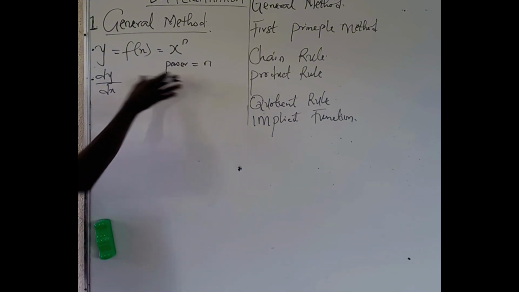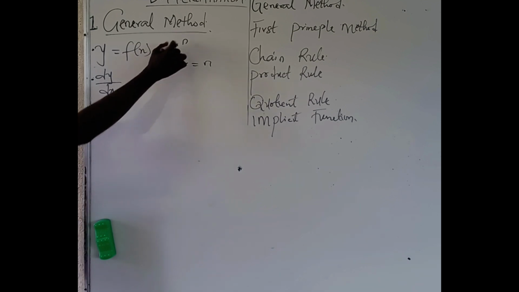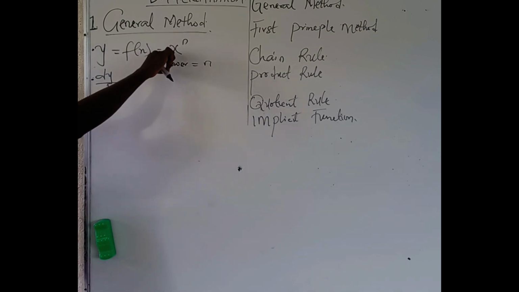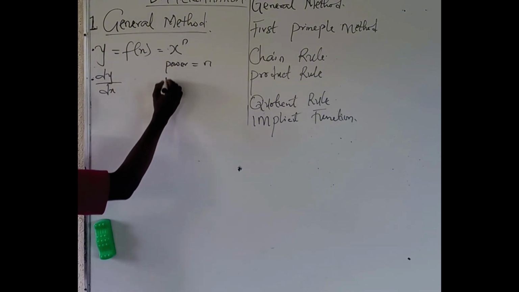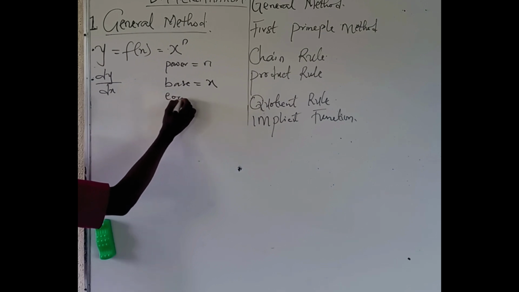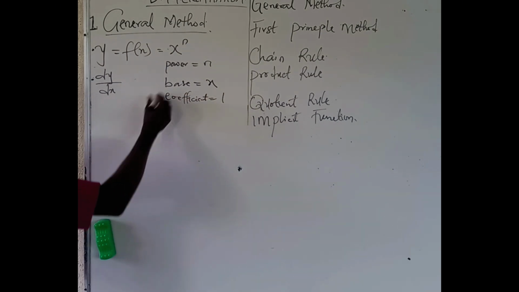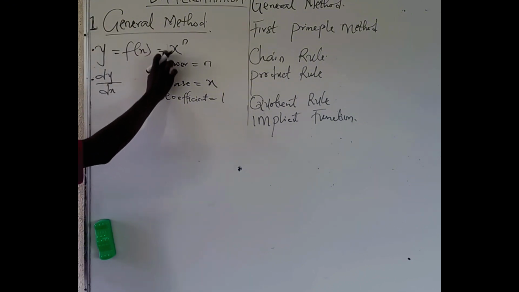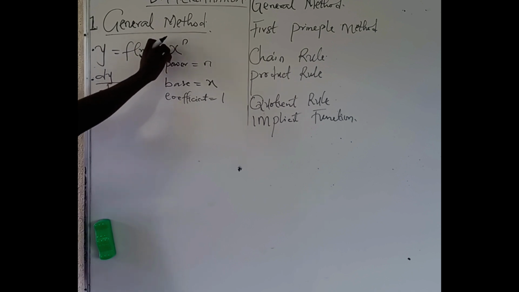When you are using the general method, the power is going to be multiplied by the coefficient. Now, what is the coefficient of x? This is the base. The base is x. The coefficient is 1, because you can't see it, but you know that it's 1. So the power is going to be multiplied by the coefficient.